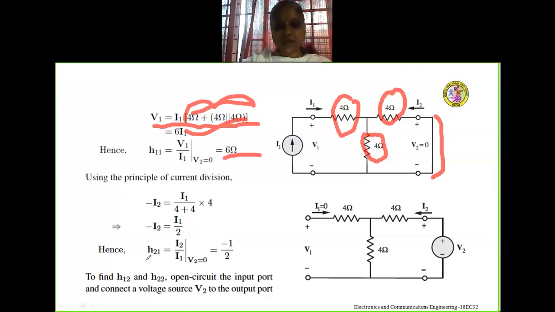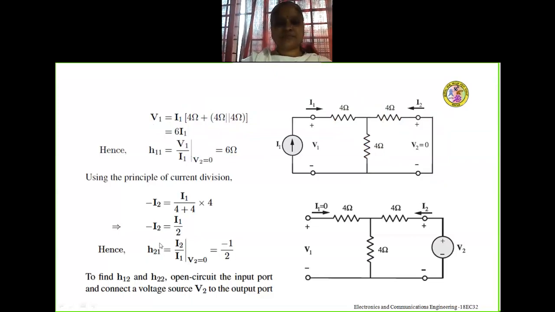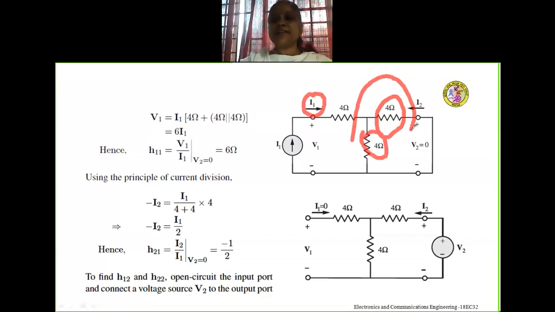Now to find out H21, we just apply the current division principle. Here I'm interested in current I2, that is the current through this 4 ohm resistor. So the current through this 4 ohm resistor is the main current into the resistor of the other branch divided by the sum of the resistors.